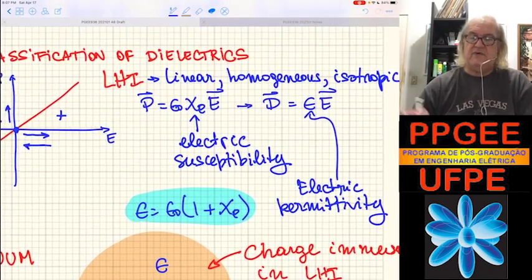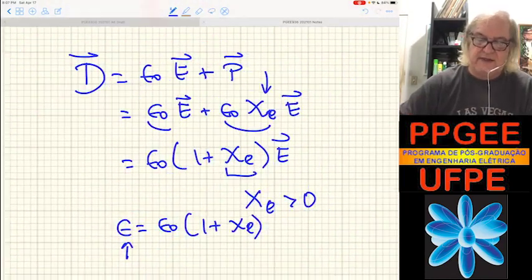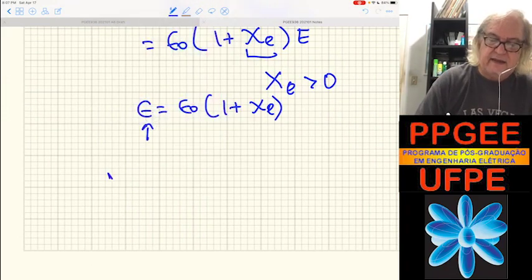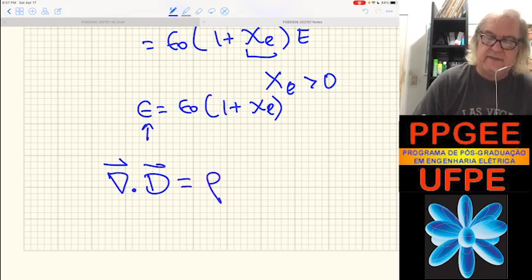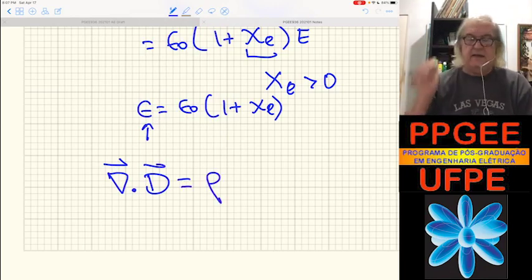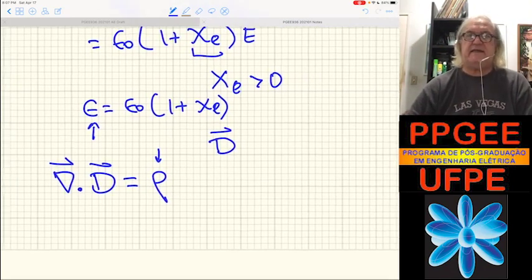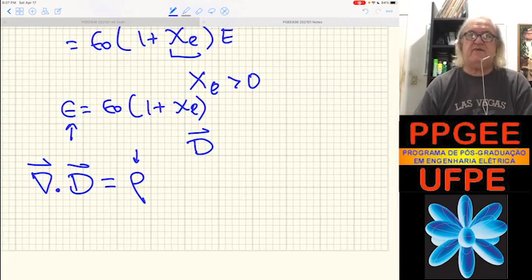Also, if you go to Maxwell's equations, it's important to consider that divergence of D equals rho, right? In fact, if you look, there's no explicit dependence on epsilon here.